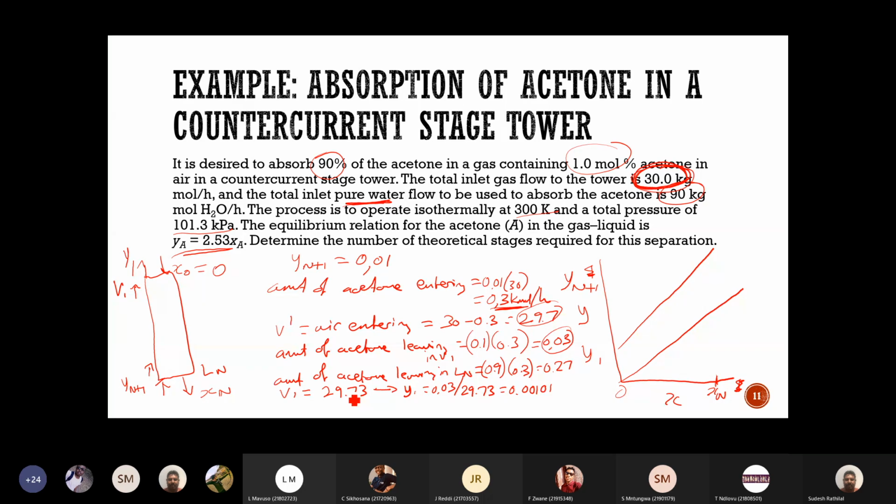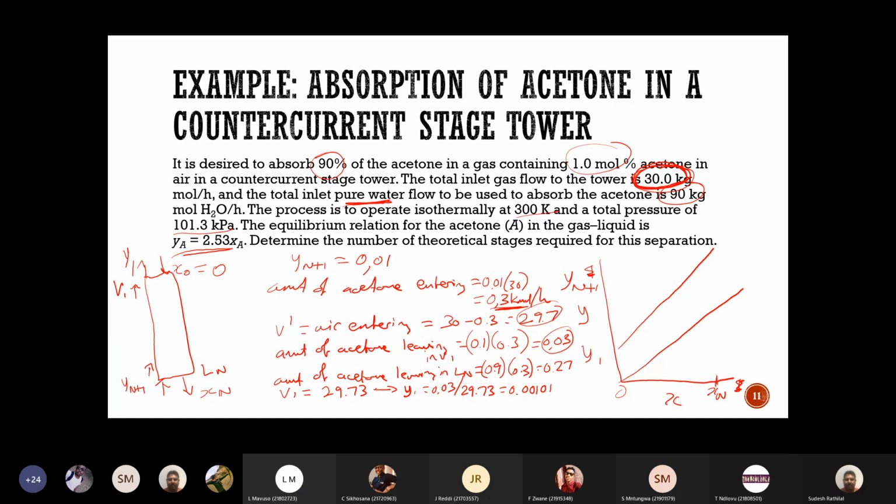So 0.03 divided by the total number of moles gives me the mole fraction Y1. You with me now? Yes, I'm following, sir. Cool.